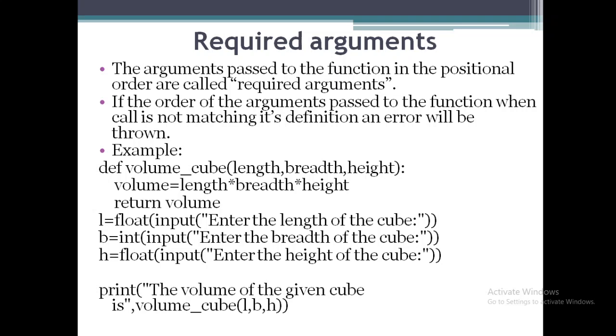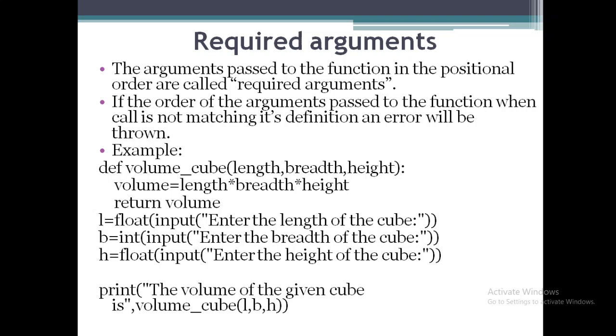In this case, this function will expect first one float value, then one integer value, again one float value when you are calling the function. Suppose you change the order of those values, like float then integer, or integer then float, then the positional order is not followed, so it will throw an error.